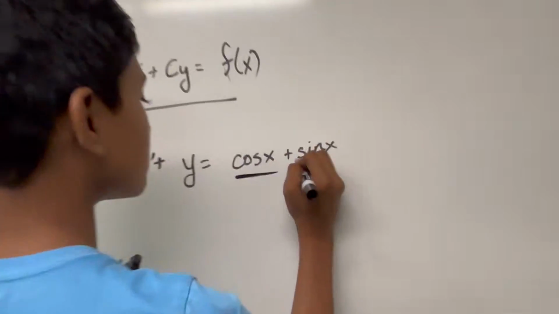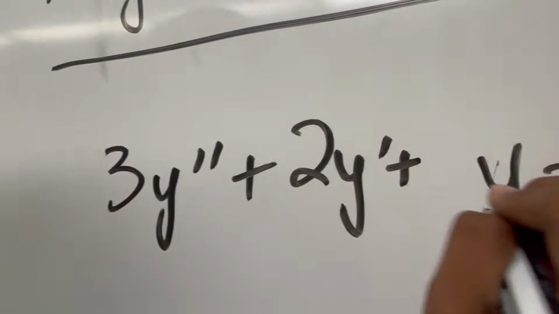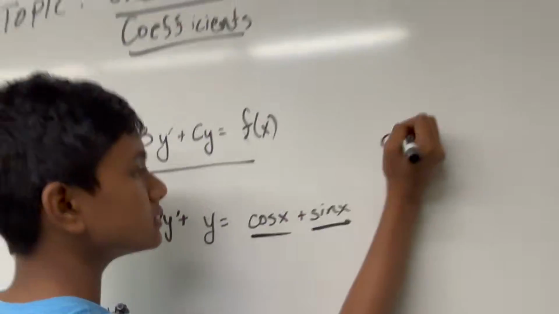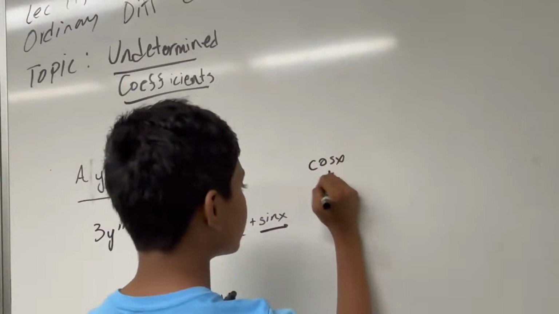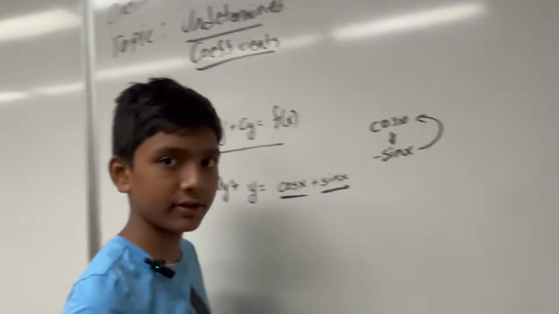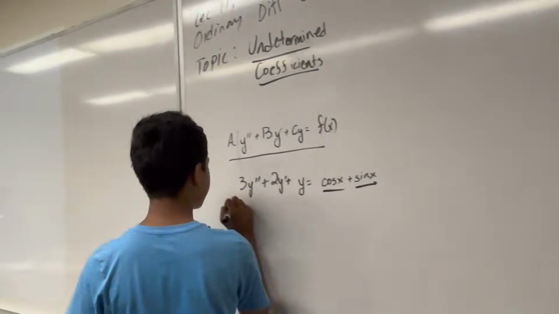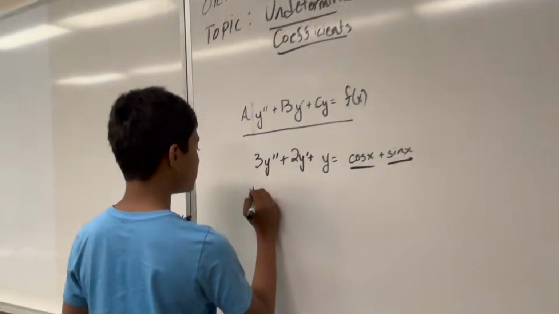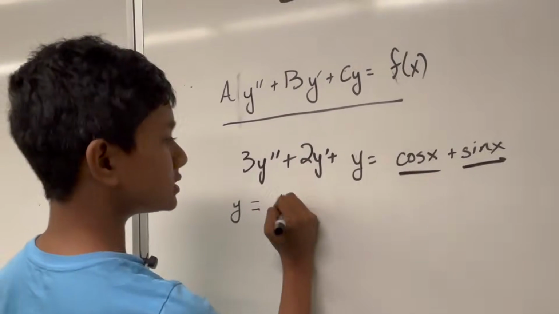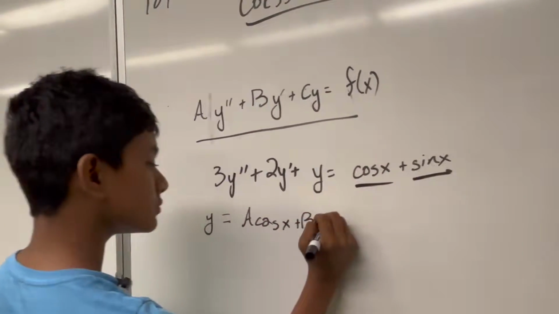If this is giving us a cosine x and sine x at the end, that probably means that y is a trig function, because taking the derivative of cosine gives you sine and vice versa. I know there's a negative here, which means technically it loops around, but that's the strategy we're going to use here. We're going to assume that y is equal to some linear combination of cosines and sines.